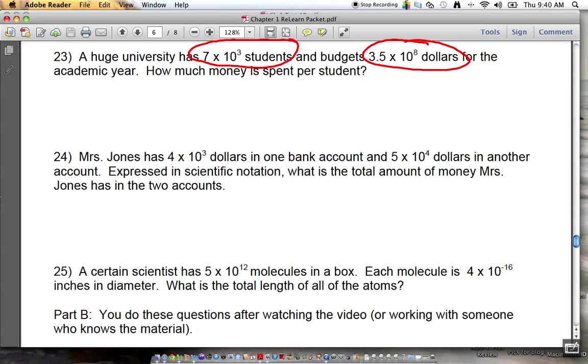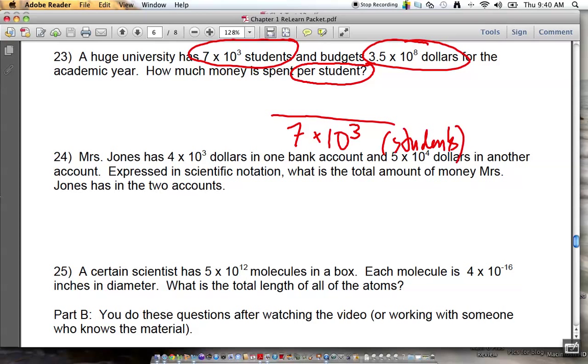How much money is spent, and here's the key word, per student. When you read that phrase, per student, what pops into your head? Divide by the students, right? So students is 7 times 10 to the third. That goes on the bottom because it says students. And then the money goes on the top because it says how much money per student. And that would be 3.5 times 10 to the 8th.